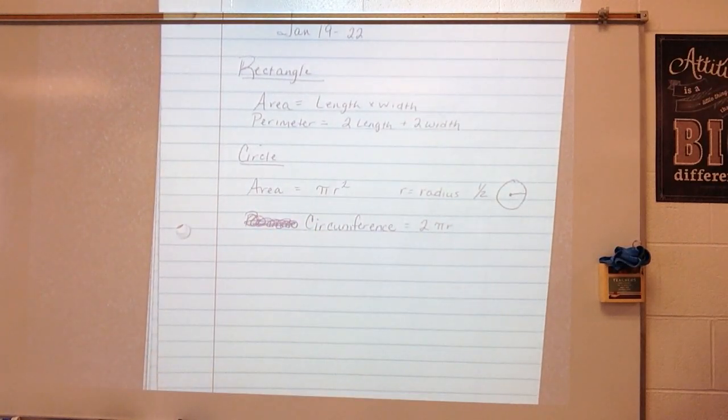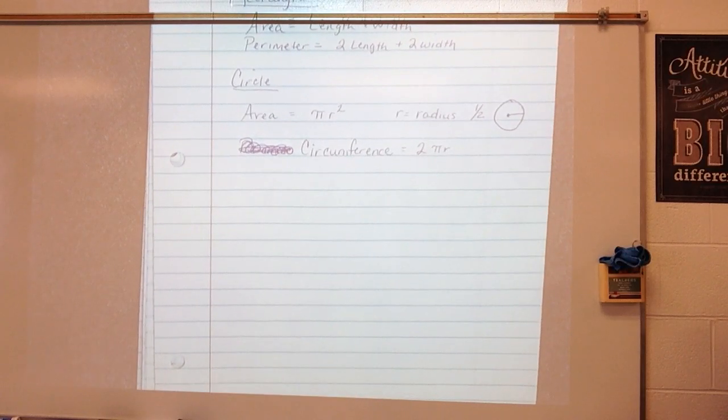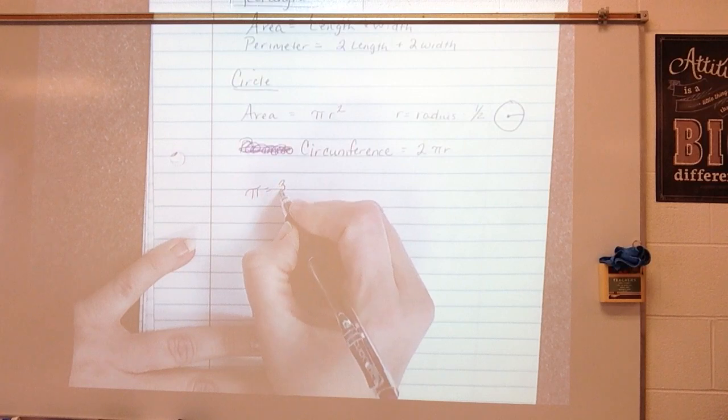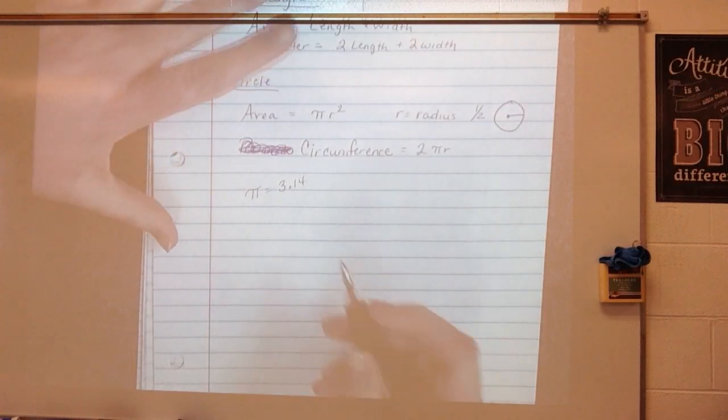Now, depending on what calculator you're using, do know that pi is equal to 3.14, or if you are using the pi button on a calculator, it does go further than 3.14. So it might be a little bit different.